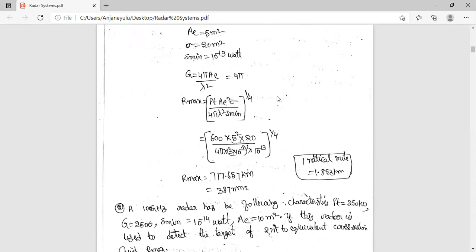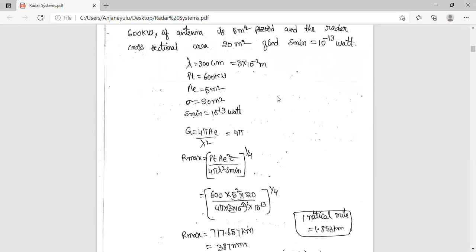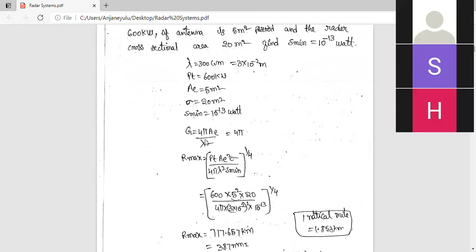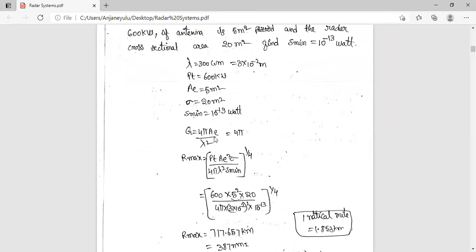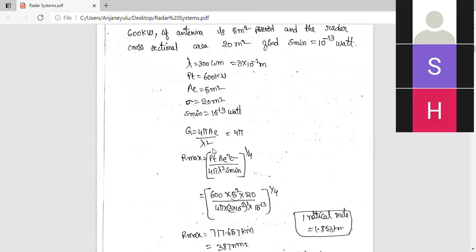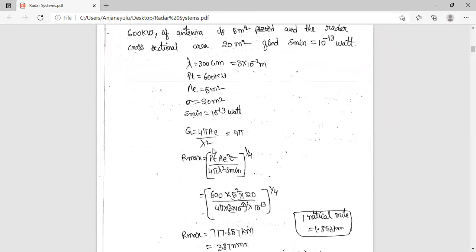Then find G and R maximum. We know that G equals 4 pi A by lambda square. R maximum equals Pt into Ae whole square into sigma by 4 pi lambda square into S minimum, whole power 1 by 4.